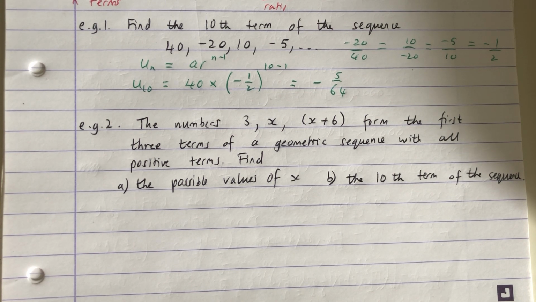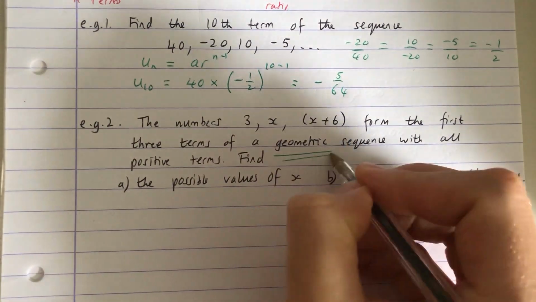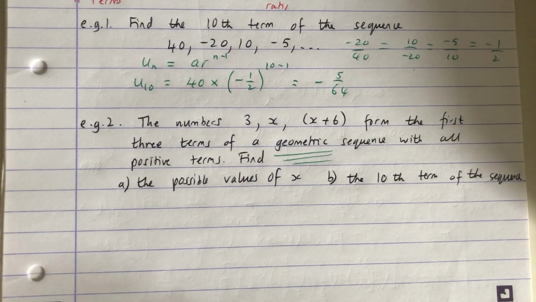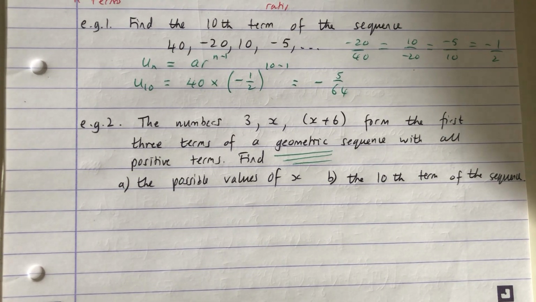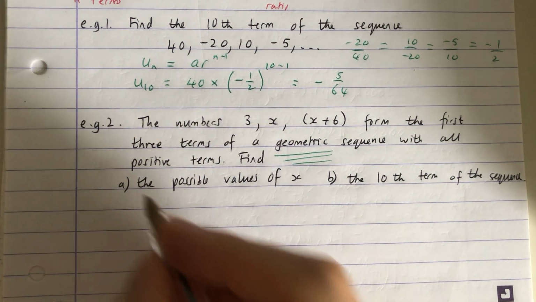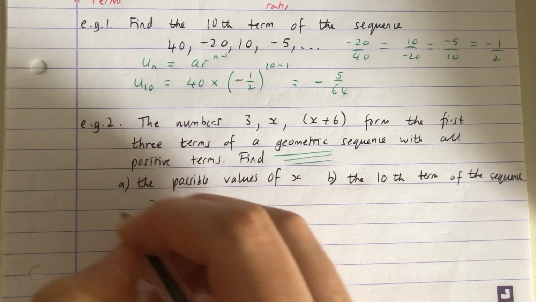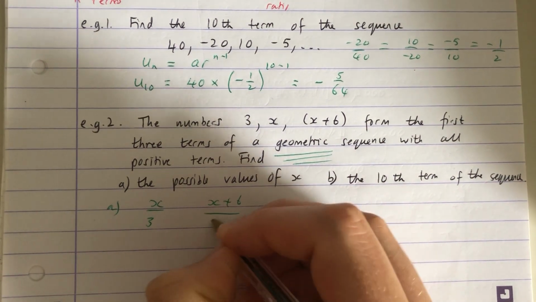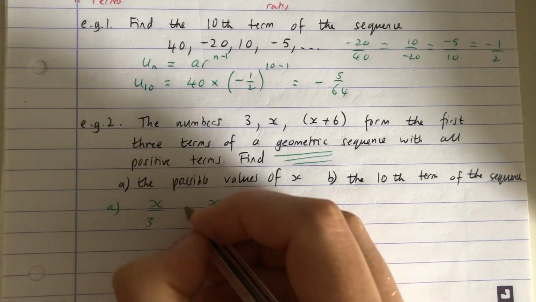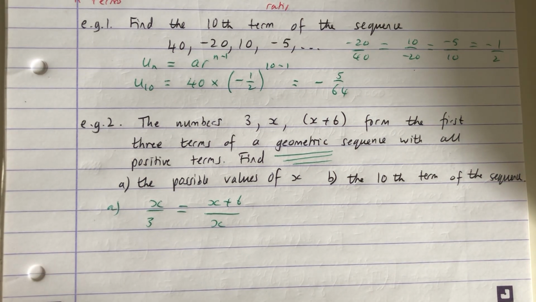Now the key thing is this is geometric. And with geometric we use the fact that I used there: the ratio between consecutive terms is constant. So if I did that for this sequence, x over 3 and x plus 6 over x would be equal because it's geometric.